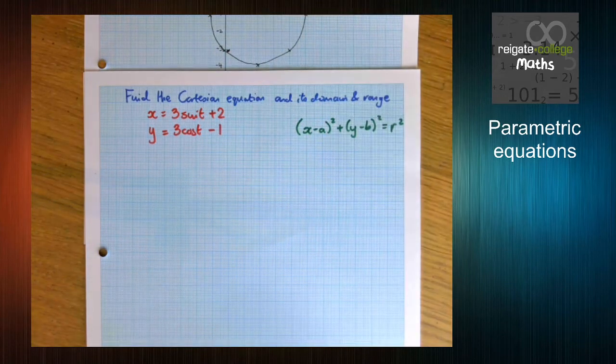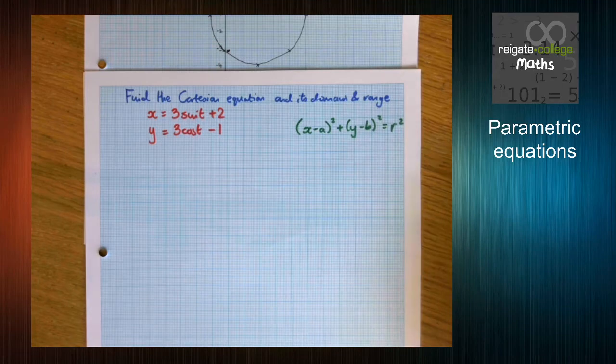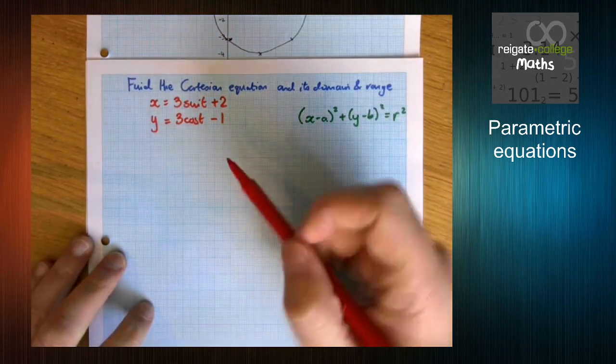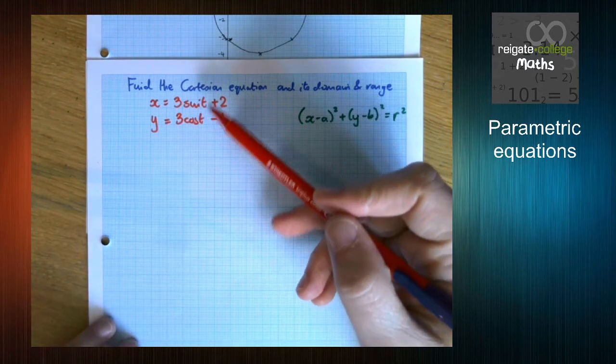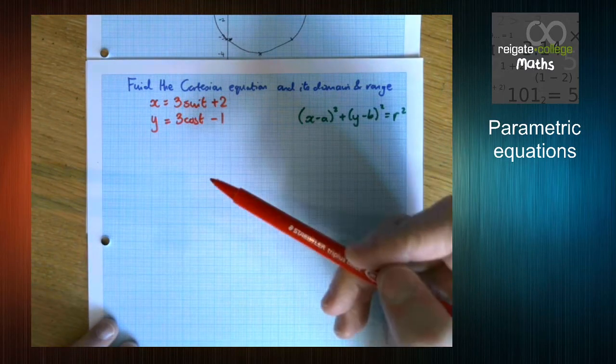But if we didn't know that, you need to know what to do with these trig questions. Hopefully, if you watched the previous video and had a go at exercise 8b from the Pearson textbook, you should have some understanding. But let's just go through this one here. The key thing is recognizing a trig identity that links the trigonometric functions in both equations.